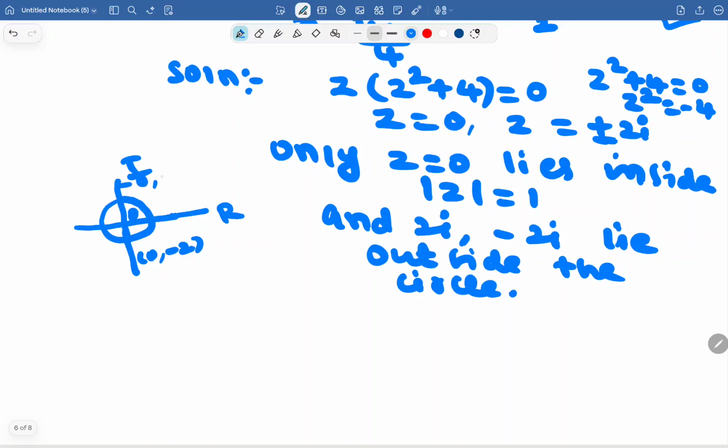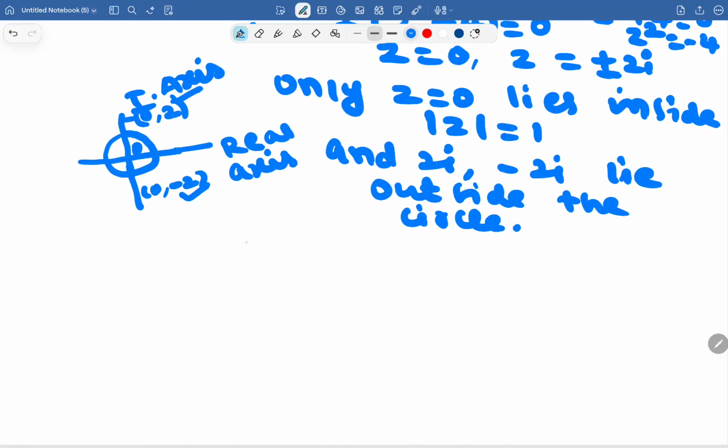This is 0, plus 2. Both 0, 2 and 0, minus 2 lie outside the circle.